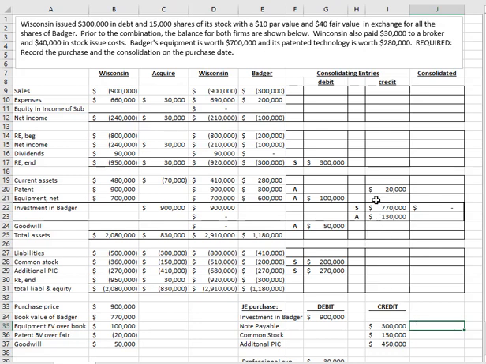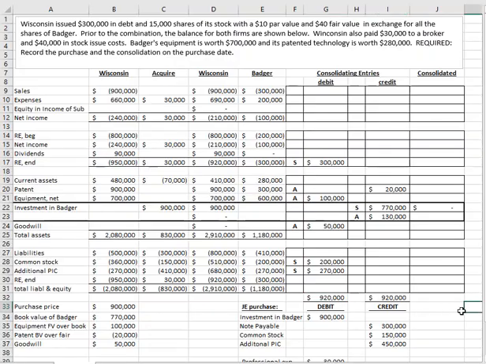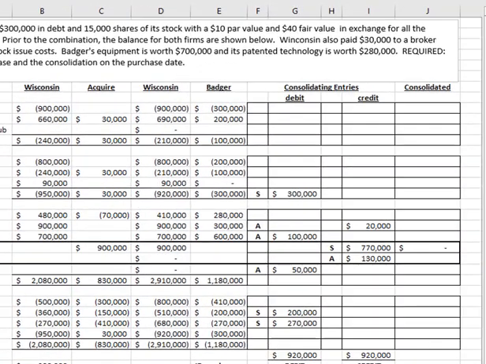All right, so now that we've done our entries, there's a couple of things I like to do. One is I just want to be sure my debits equal my credits. And actually, I usually do that first so that I stop after each entry and make sure that it's working. So here my debits are equal to my credits, so I'm feeling okay about that. So now then I'm going to get my consolidated amounts.